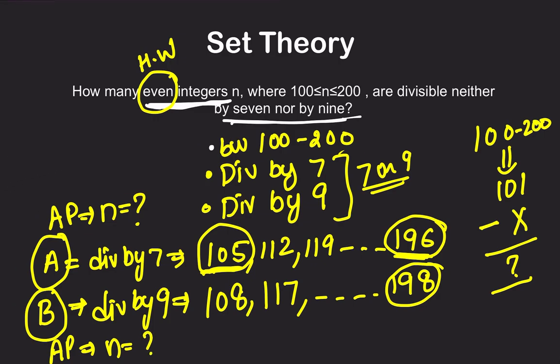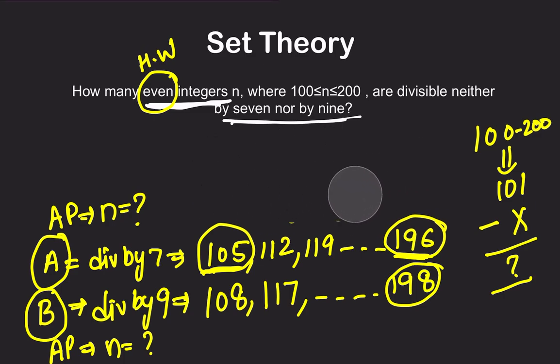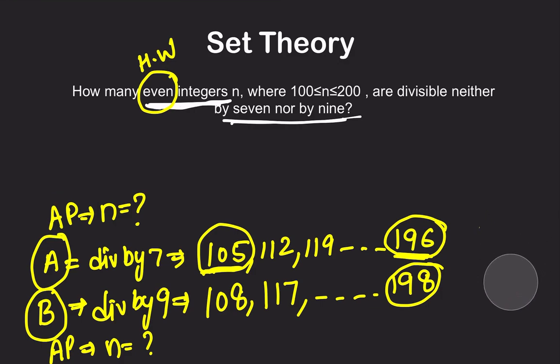You find all the numbers which are divisible by 7 between 100 and 200. And after that, there will be some numbers which are divisible by 9. You find that number. Now, third thing, there will be a few common numbers coming in both of these. Am I not right? So between this and this, there will be a few common numbers.